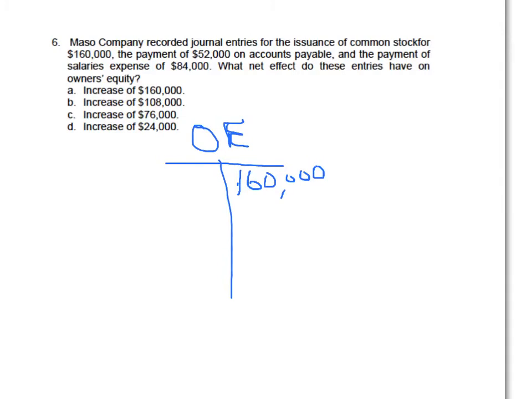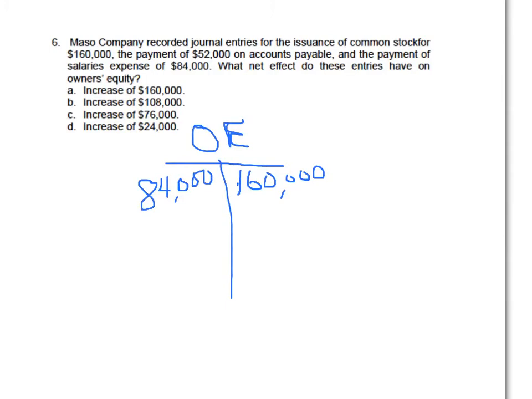When we pay accounts payable, we credit cash and debit a liability. There is no effect on owner's equity. And the payment of salaries expense, well, that's going to be a credit to cash and a debit to salaries expense, which has the effect of decreasing owner's equity.